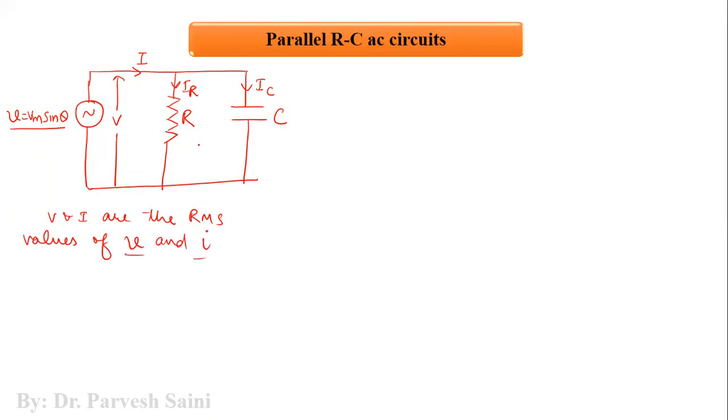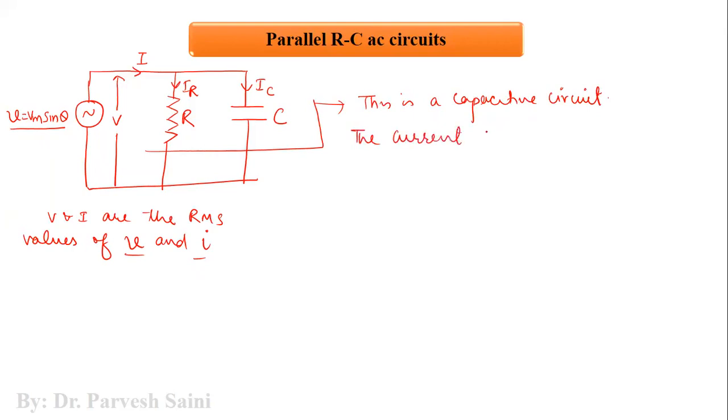Now, because this is a capacitive circuit, in a capacitive circuit the current I leads the voltage V by an angle phi, right?